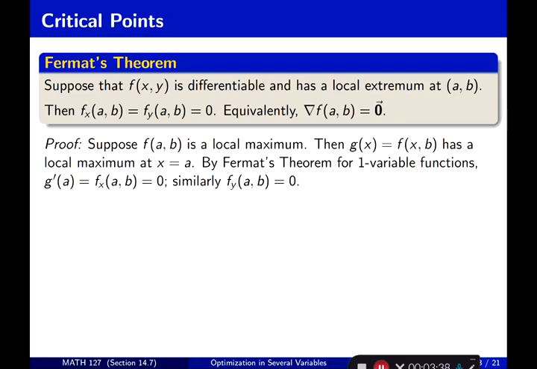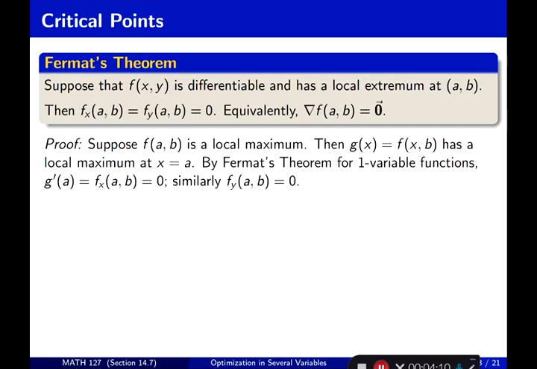Proof. Suppose f of a and b is a local maximum. Then imagine if you set one of the variables equal to a constant. Set y equal to the constant b, because we want the direction to end up passing through the point (a, b). Then f of x and b becomes a function of one variable.